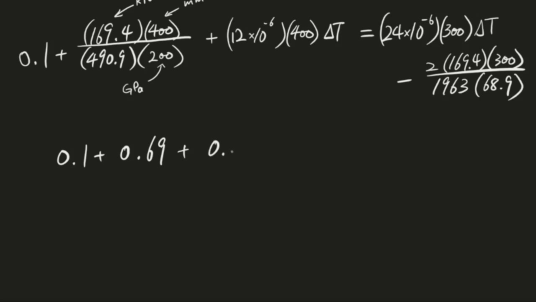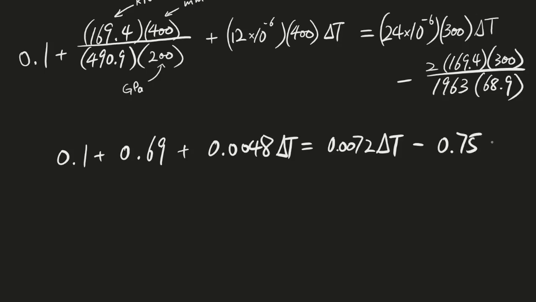That is 0.0048 delta T. On the other side, it would be 24 times 10 to the negative 6 times 300, which gives you 0.0072 delta T minus 0.751 millimeters. Okay, then let's arrange the sides so we have all the constants on one side and the unknown on the other.